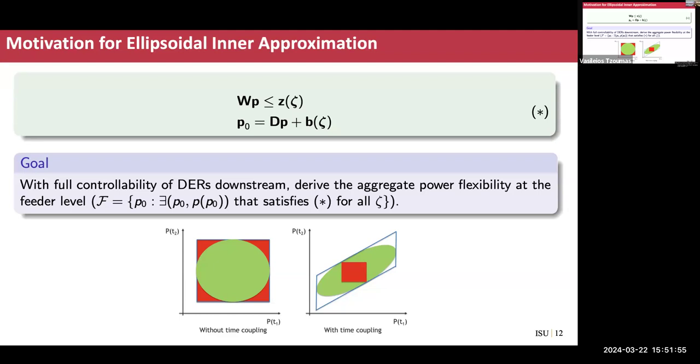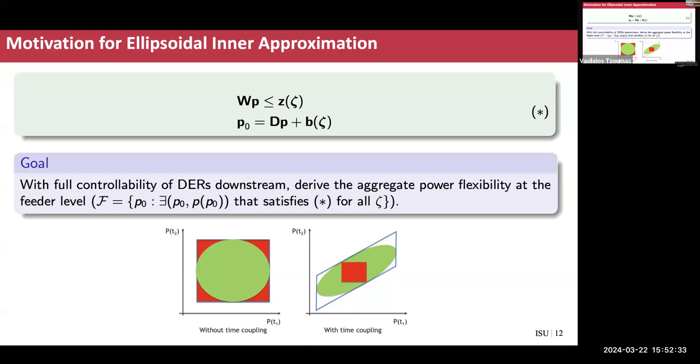And we have different ways of characterizing this general geometric region, or doing inner approximation of the general geometric region of P naught, when there's no time coupling. Something we can do, maybe this square is the actual flexibility region. If we do a hyperbox approximation, if we quantify the upper and lower bound of the power generation capability in each time period, we quantify this red region.